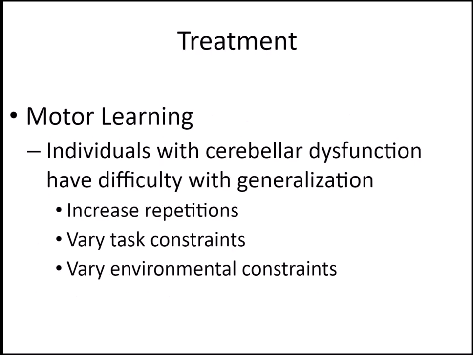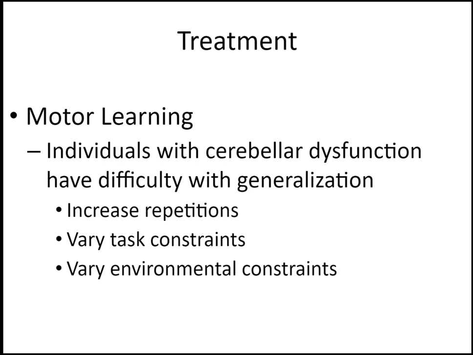As far as treatment is concerned, as I mentioned previously, these individuals have difficulty with motor learning. Okay? If they have difficulty with motor learning, then in order to get them to function more normally, we really need to perform lots and lots of repetitions.